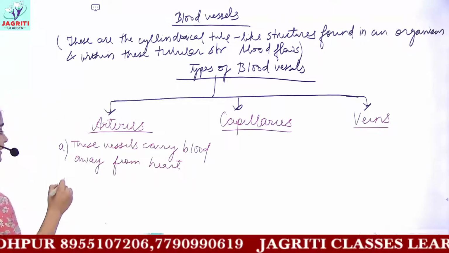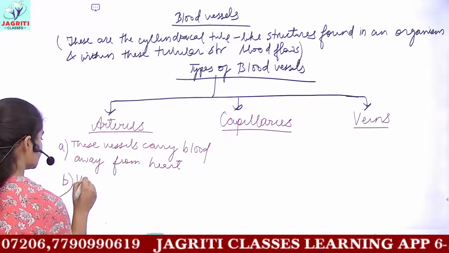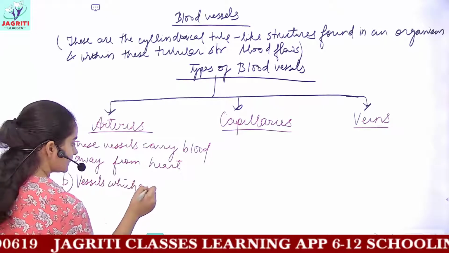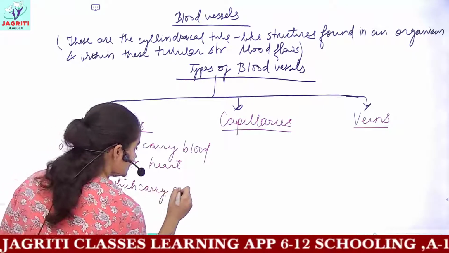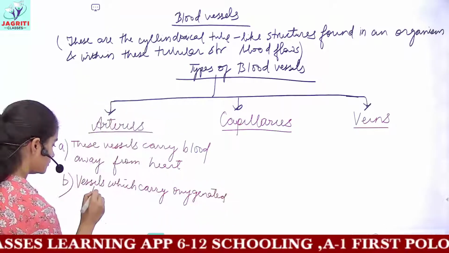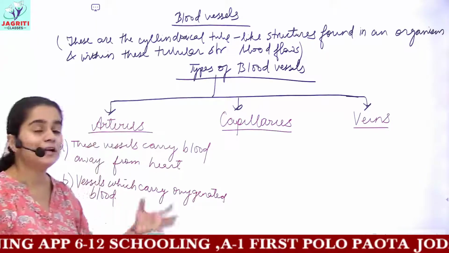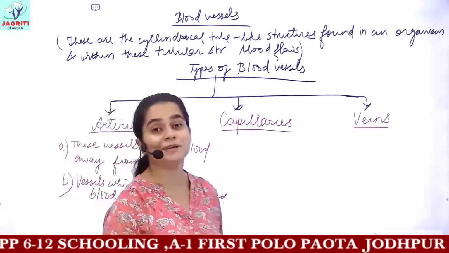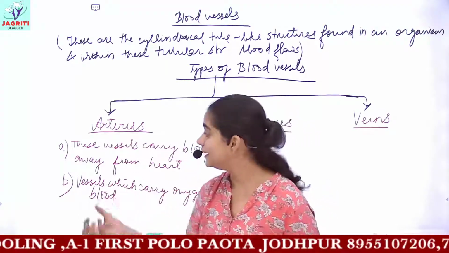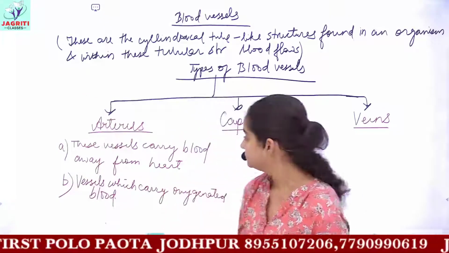Then the next point in arteries would be, they can also be defined as those vessels which carry oxygenated blood. So in both manners you can define an artery. An artery is a blood vessel which carries oxygenated blood, that is the blood containing a high amount of oxygen, or you can say these carry the blood away from the heart towards the organs.